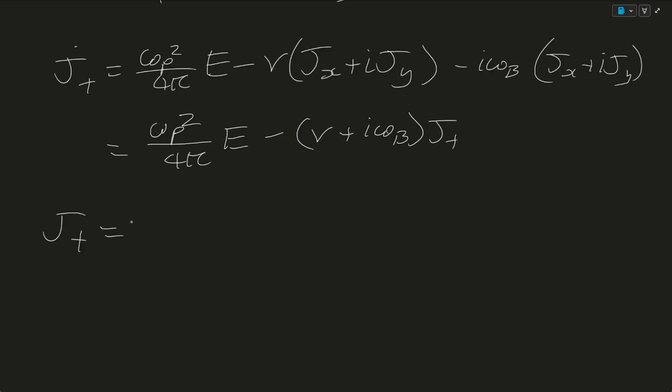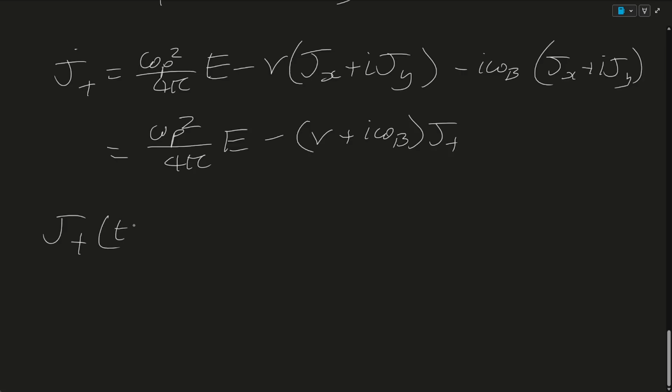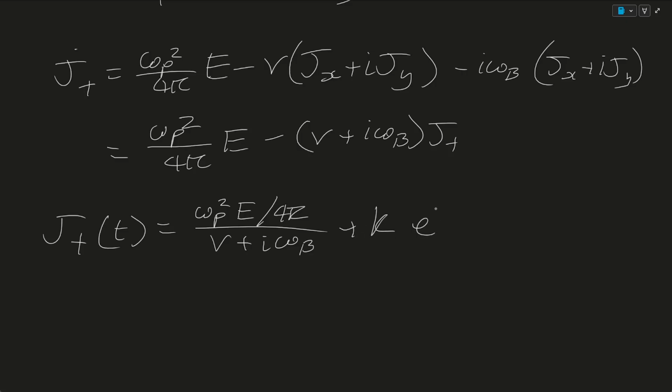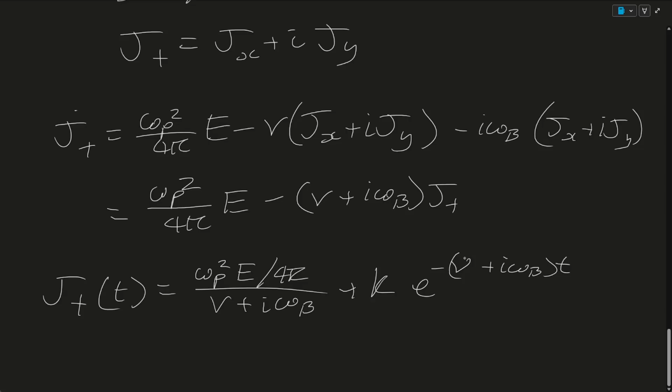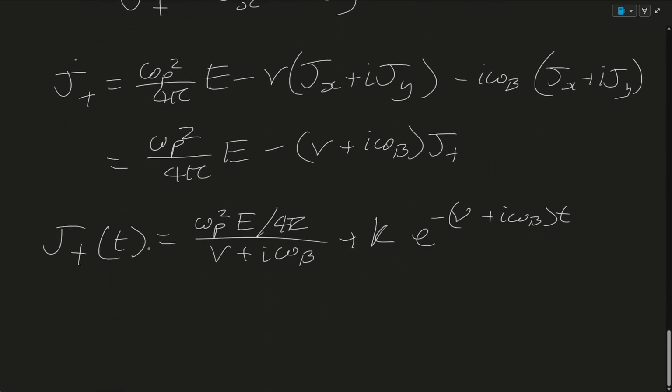That will leave us with J plus equal to omega p squared e over 4 pi, all over nu plus i omega b, plus k e to the minus nu plus i omega b t. Obviously we get the nu plus i from our formulation of J plus.